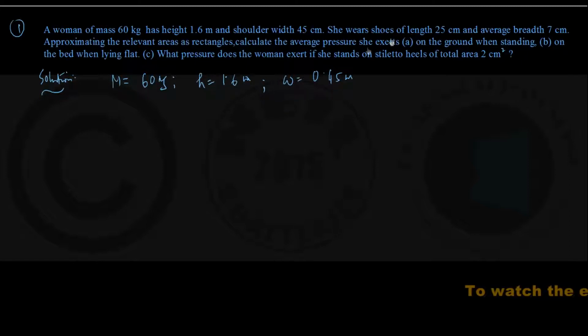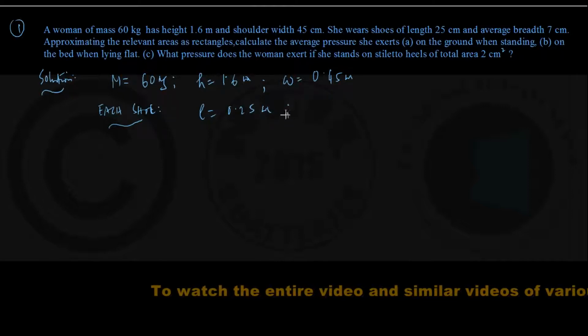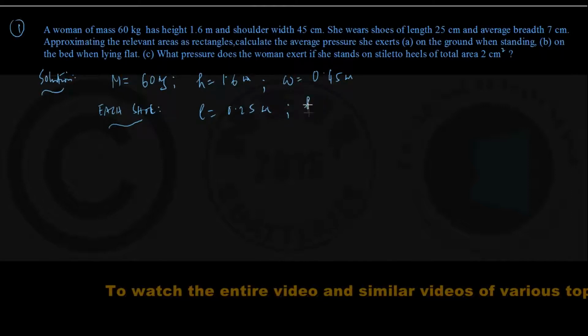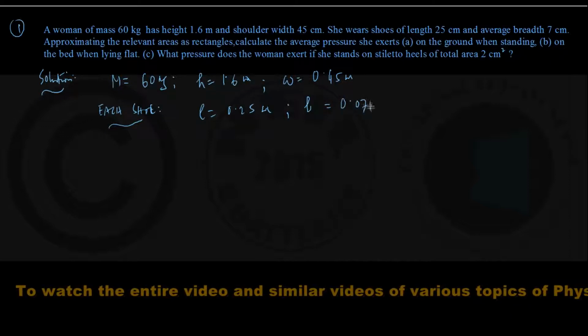And for each of the two shoes, the length L is equal to 25 centimeters, that is 0.25 meters, and the average breadth, let the symbol be small b, 7 centimeters, that is 0.07 meter.